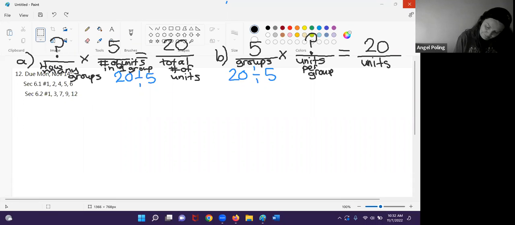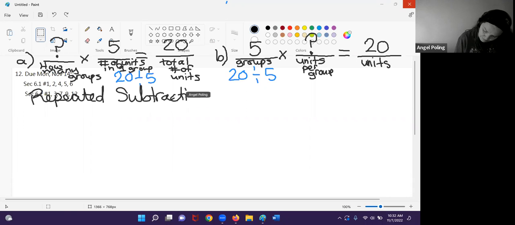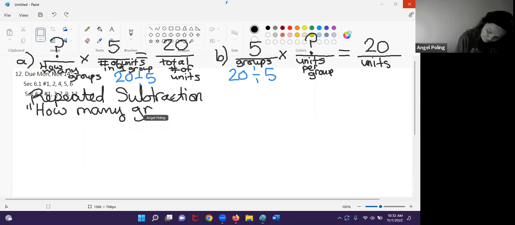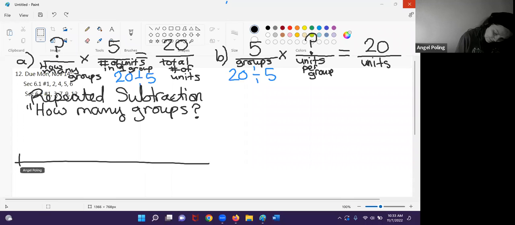Okay, now just to match our idea of this one being repeated subtraction, which is our how many groups? You've got your number line, right?